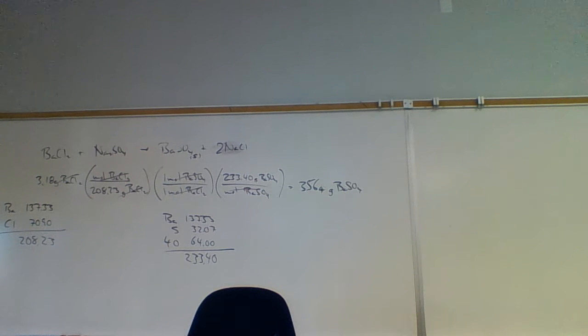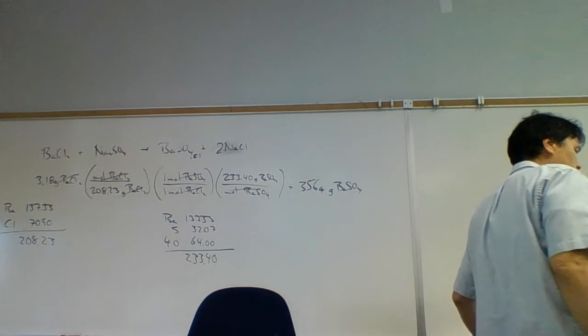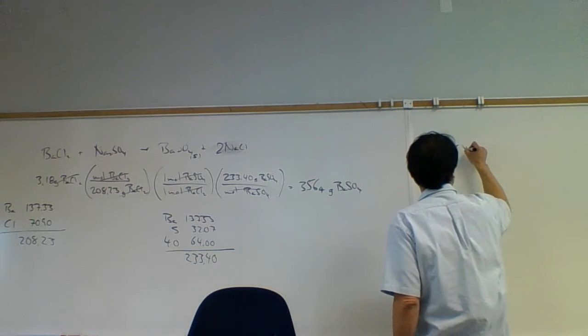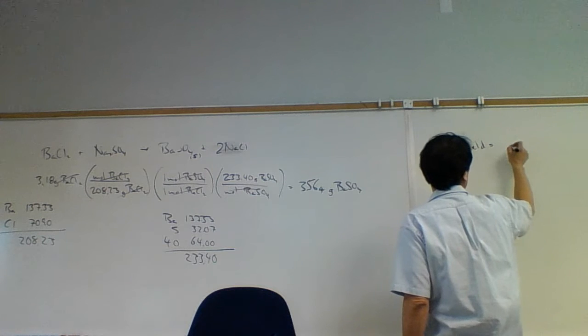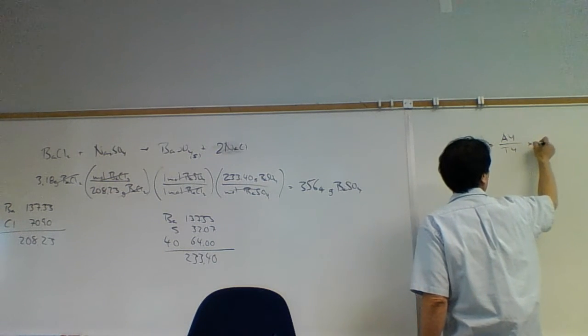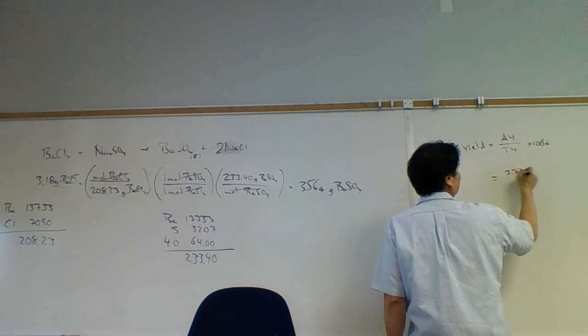Because the actual yield is 3.37 grams. And so we could figure out how much they actually recovered, and as far as the percentage goes, that would be the percent yield. The percent yield is given by the actual yield, so-called AY, over the theoretical yield, TY, times 100%. So the actual yield is 3.37.